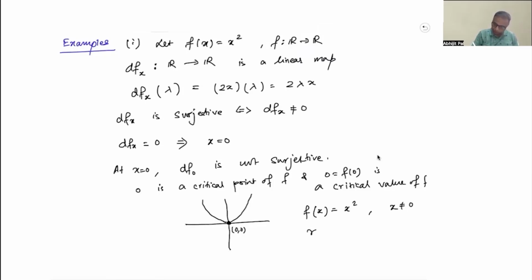If I take r equals x square and it is greater than 0, then this r is a regular value of this f.